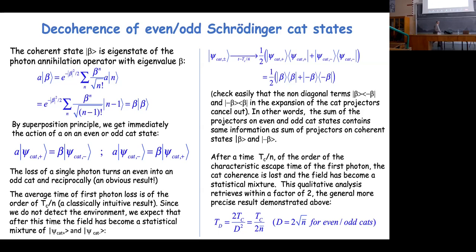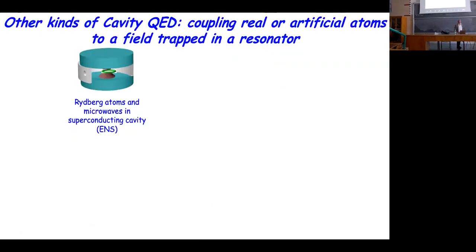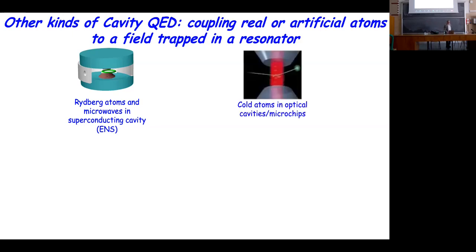Okay, so this leads me, in the last 10, 15 minutes, to just tell you in a few words that the Cavity QED experiment that I described to you here, Rydberg atoms in a microwave cavity, is not the only domain in this field. You have a lot of beautiful experiments which have been done with different setups.